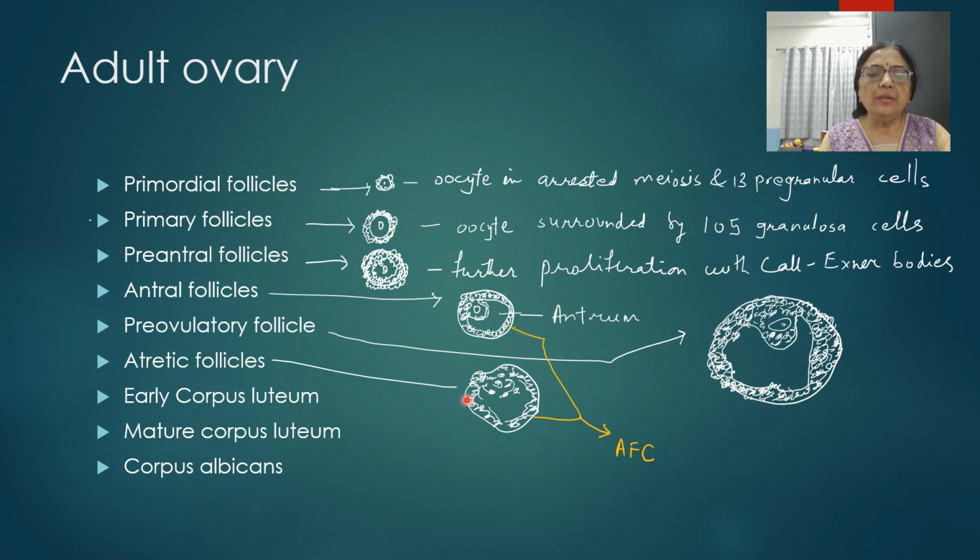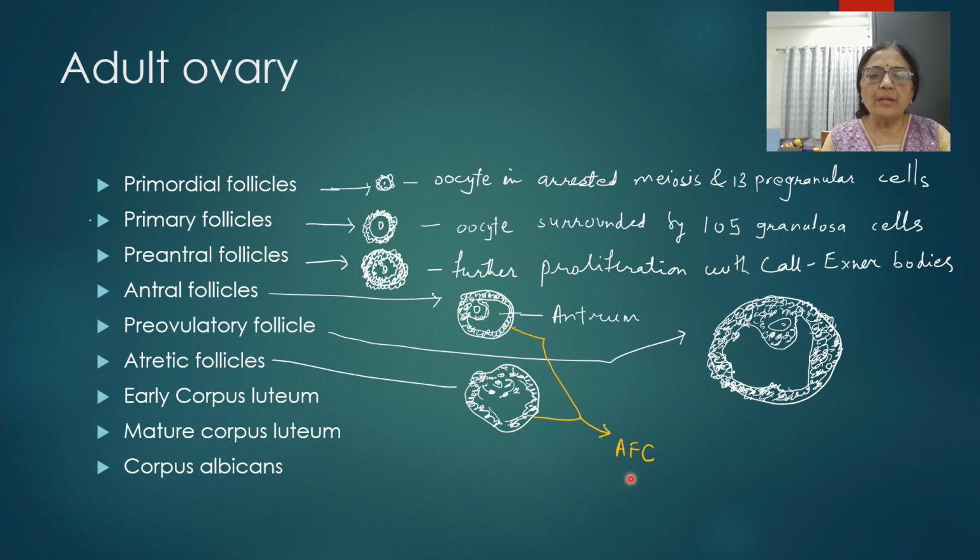What we can see in the ovarian cortex, there are also atretic follicles which are going for atresia, because whenever there is a recruitment of the follicles, one follicle will proceed to develop into Graafian and the rest of the antral follicles will go for atresia or apoptosis, and these follicles are called atretic follicles.